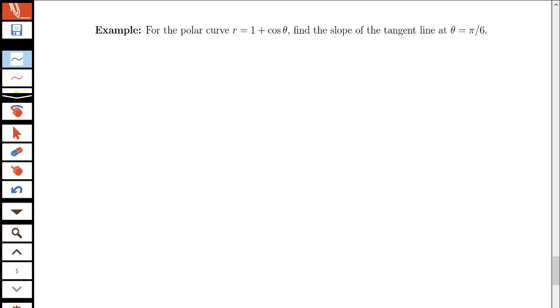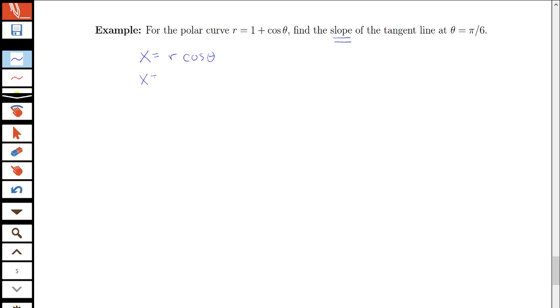If I'm going to need to find the slope, that means I need to find dy dx, which means I need to have an x and a y here. So my x I know is equal to r cosine theta, but here my r is actually equal to 1 plus cosine theta.